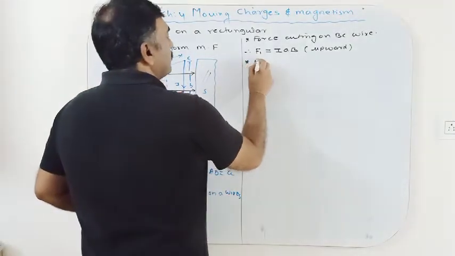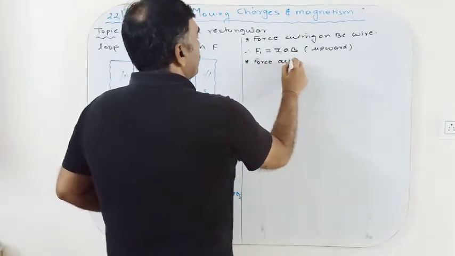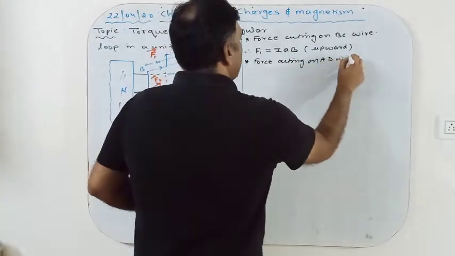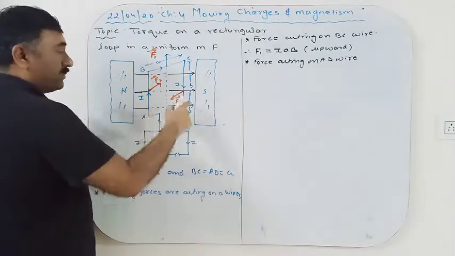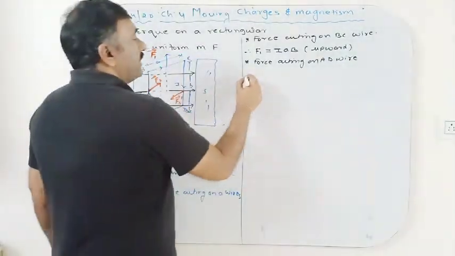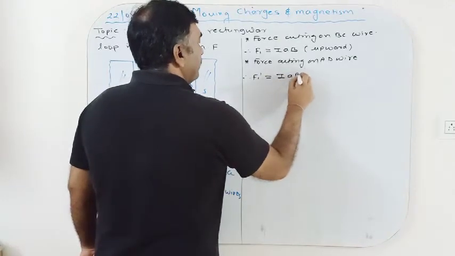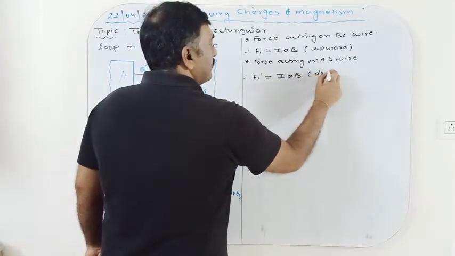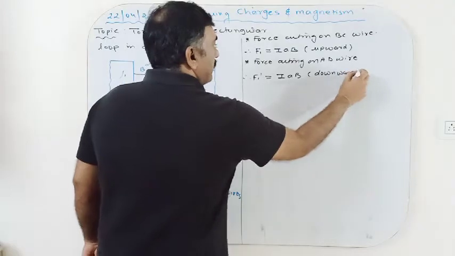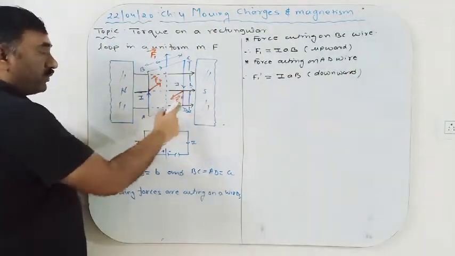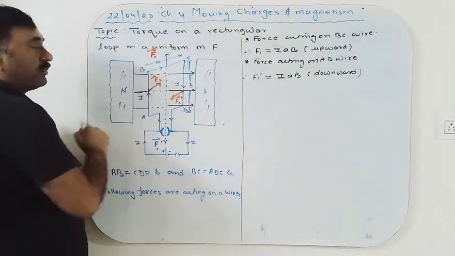Similarly, the force acting on the AD wire, this part is AD. This is F1 dash, which is again IAB, and the direction is downward, because here the current is flowing from B to C and here the current is from D to A, so it is in the opposite direction.